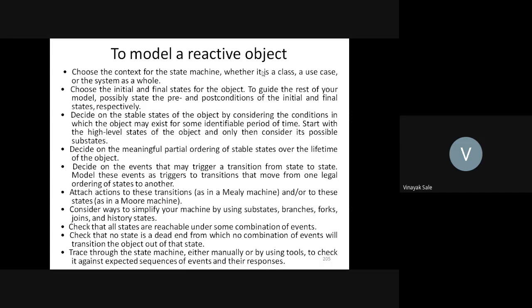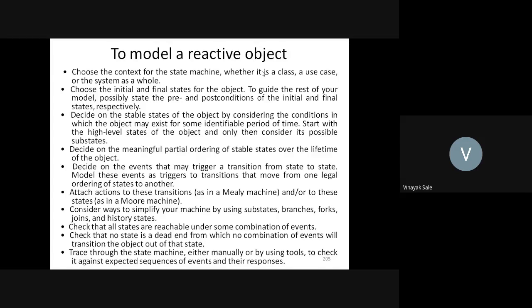Decide on the stable states of an object by considering the conditions in which the object may exist for some identifiable period of time. Start with high level states of an object and only then consider its possible substates. Decide on a meaningful partial ordering of stable states over the lifetime of the object.